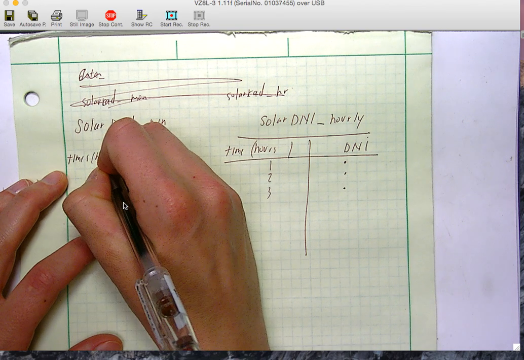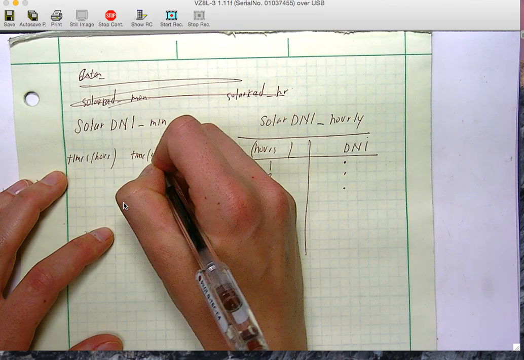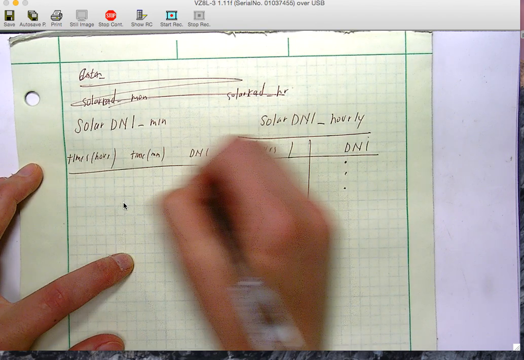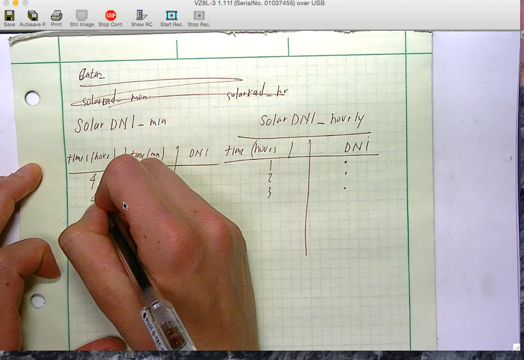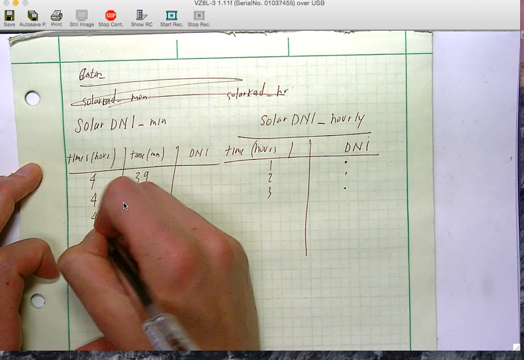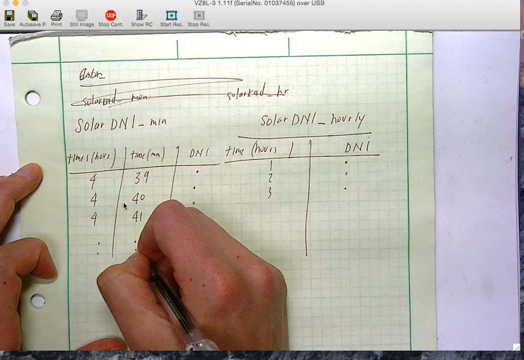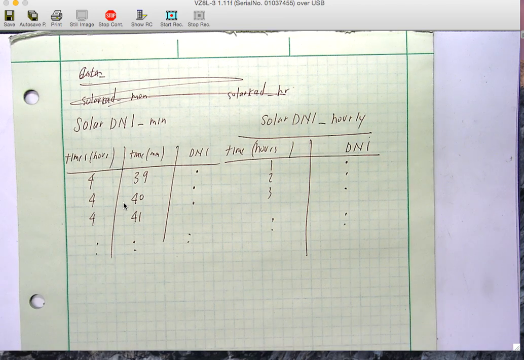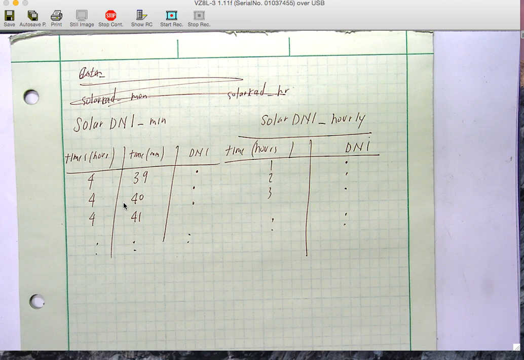So it has 3 columns. There's a lot more than this, I'm just drawing some of them. This one was collected every minute, but the first time it was collected was at 4:39.